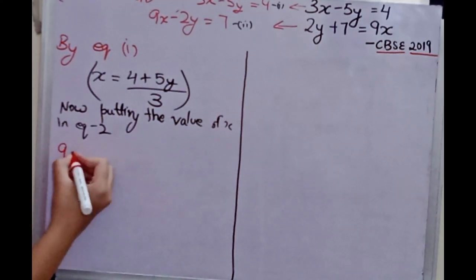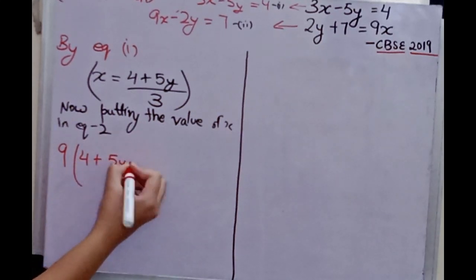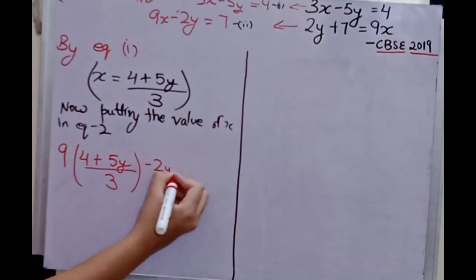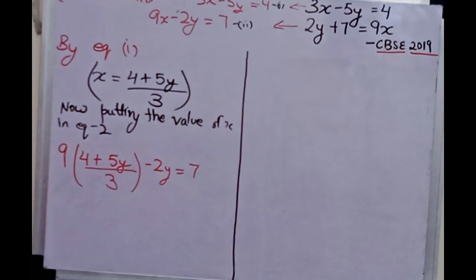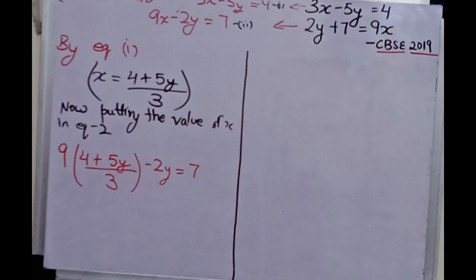By putting the value of x here, it will be like 9 times (4 plus 5y) upon 3 minus 2y equals 7. Now most of you will just cancel it as it is, the 3 ones are 3, 3 threes are 9. But I don't prefer it; I don't feel very certain about that process. I'll go with the step as it is.